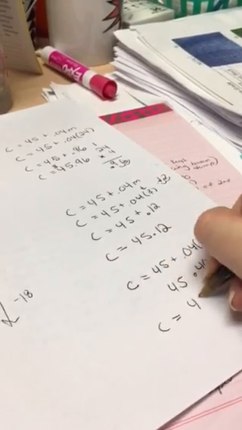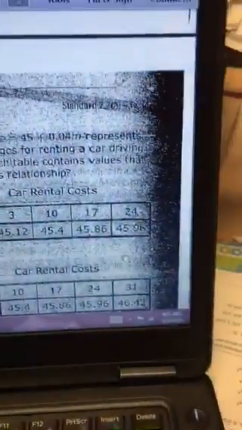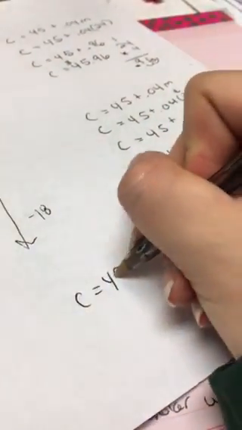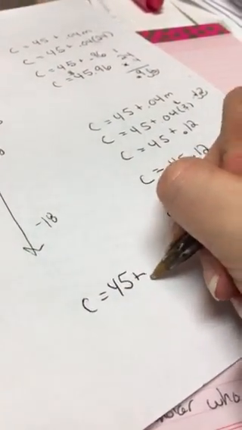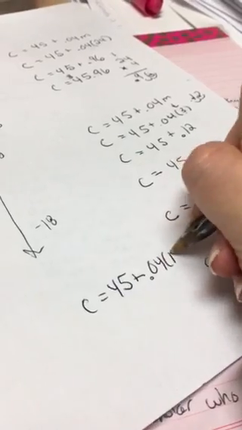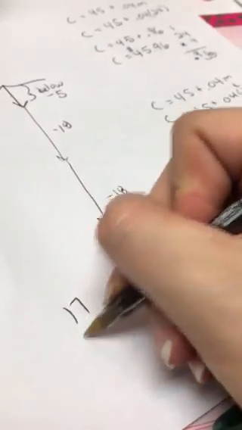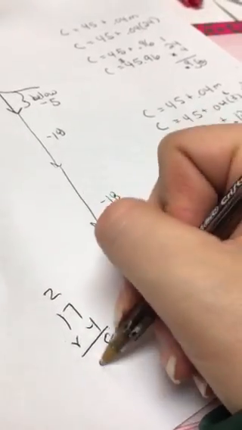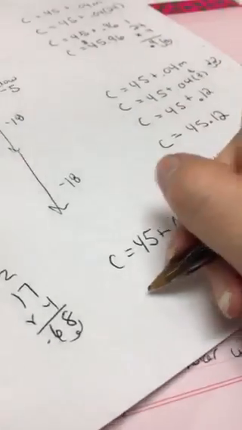C equals $45.40. And the last one I'm going to try is 17. So C equals 45 plus 0.04 times 17. I would do 17 times 4, 68, move it in twice.